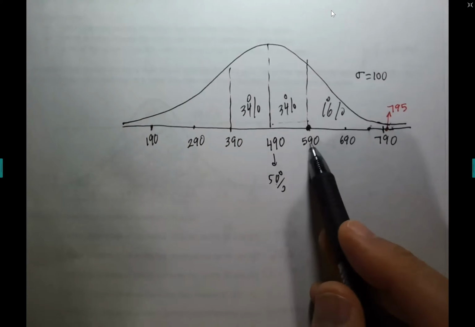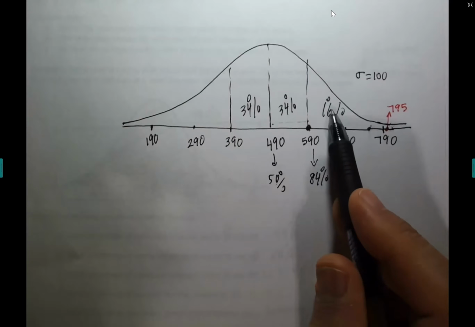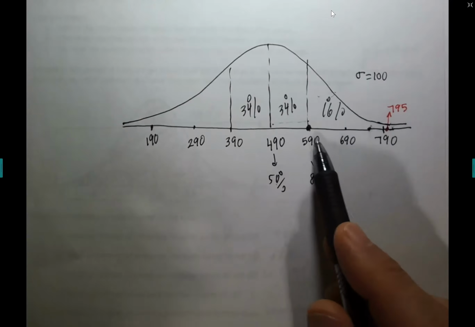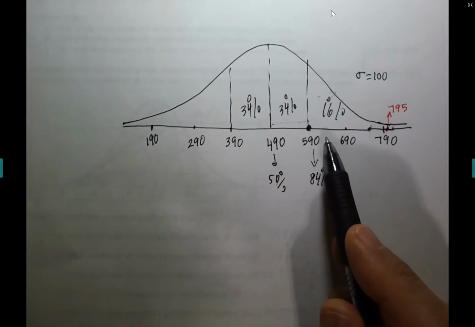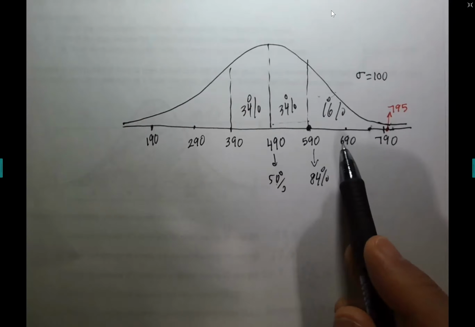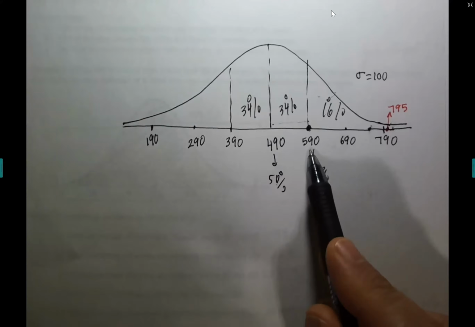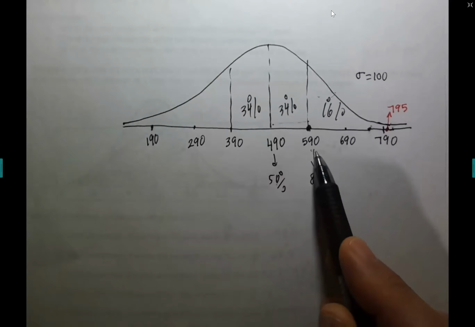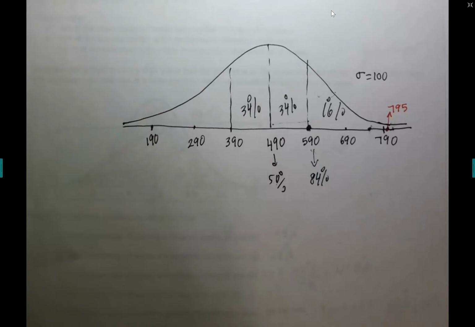So how would you answer the question now? What should the students score in order to be considered a top 16%? 590 or what? Higher. Or higher, exactly, and that would answer the question.